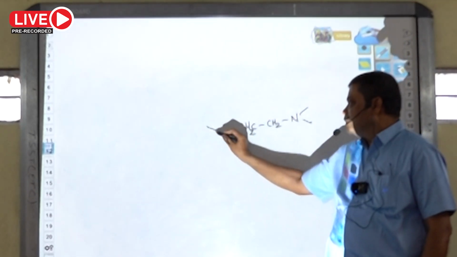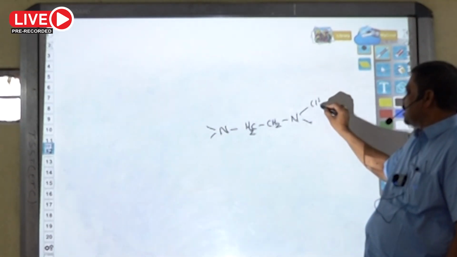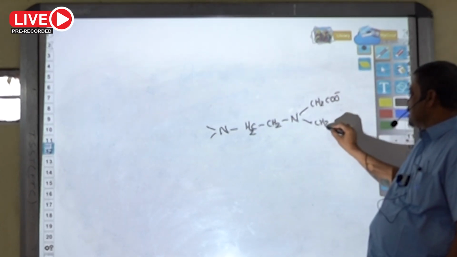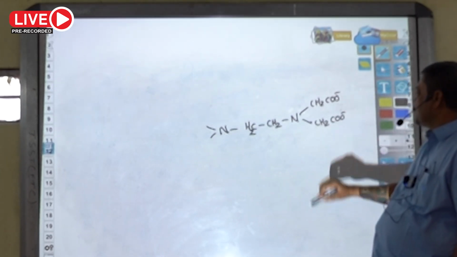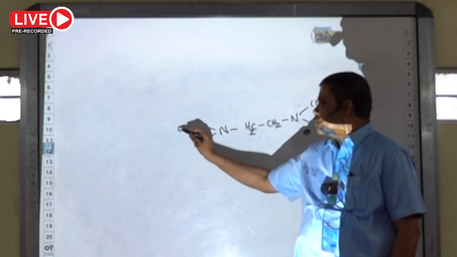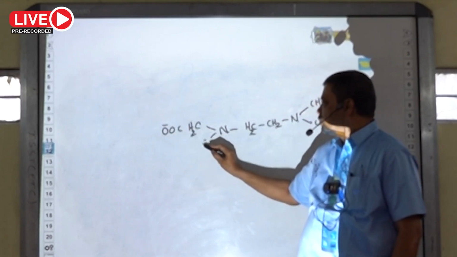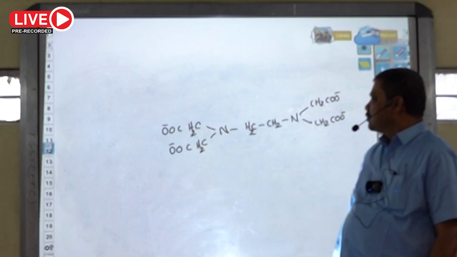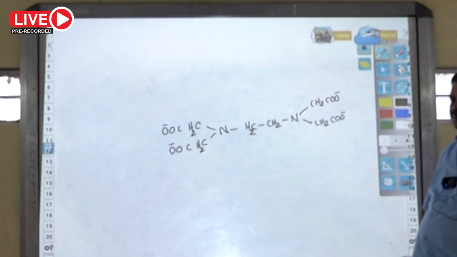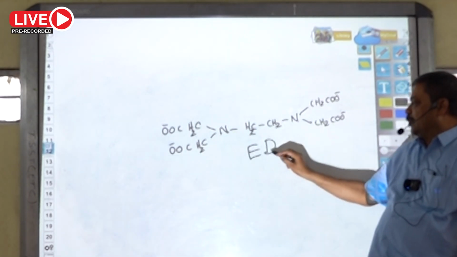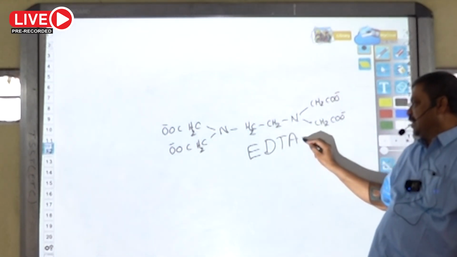This is EDTA. Each nitrogen carries 2 acetate ions. This is ethylene diamine tetraacetate.